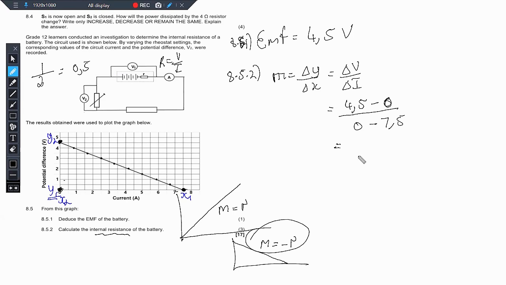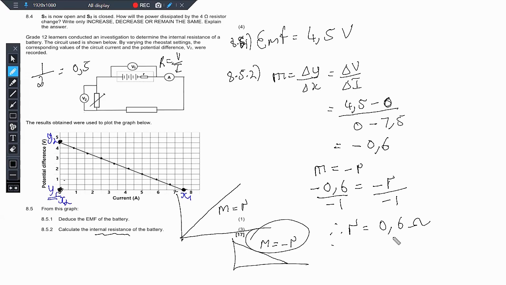You get negative 0.6. But remember we said the gradient is equal to negative R. So if our gradient is negative 0.6, what is our R? We need to divide by -1 both sides. Therefore, our internal resistance is 0.6 ohms.